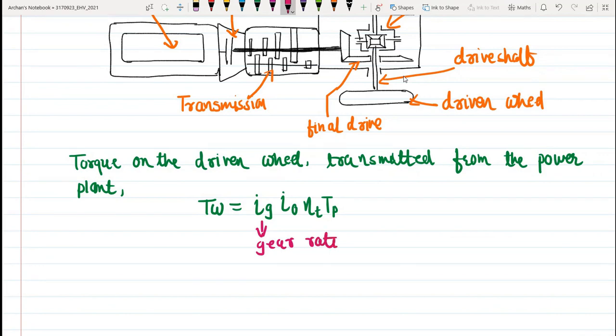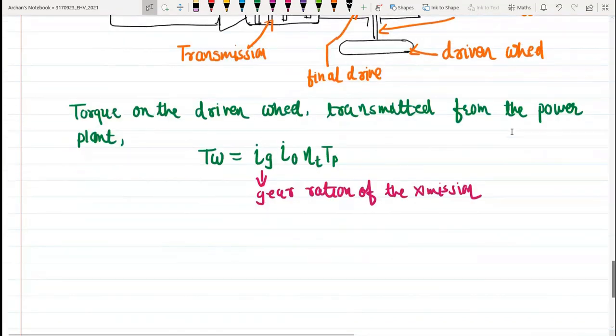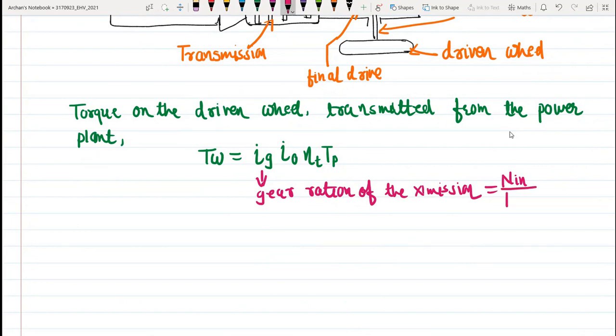Ig is the gear ratio of the transmission. And this is given by N in divided by N out. Okay, so N in is nothing but the input rotating speed and N out is the output rotating speed.